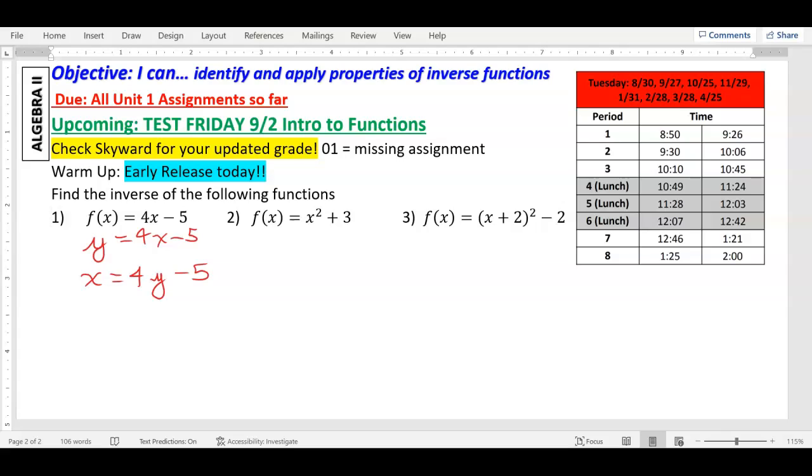So if I'm solving for y, what do I need to get rid of first on this right-hand side? The loner, the minus 5, has to go first, okay? How do I get rid of a minus 5? The opposite is plus 5, so I do that on both sides. So plus 5 here, plus 5 here.